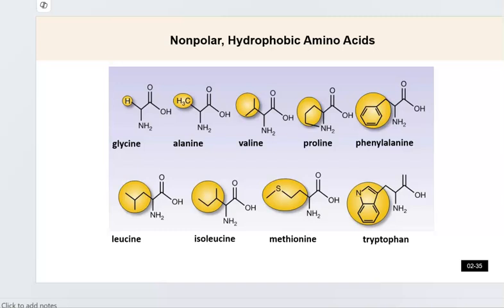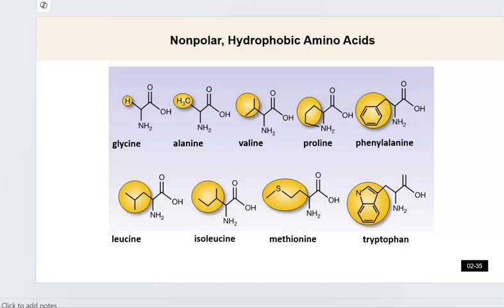The backbone of all amino acids is characterized by a central carbon, and that's the alpha carbon, typically, which is bound to an amino group, a carboxylic group, a hydrogen atom, and a unique side chain, the R group, which is what we can see in these examples here.